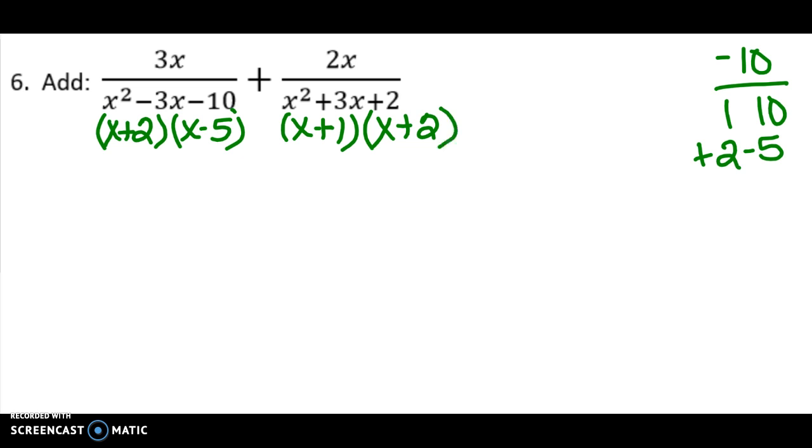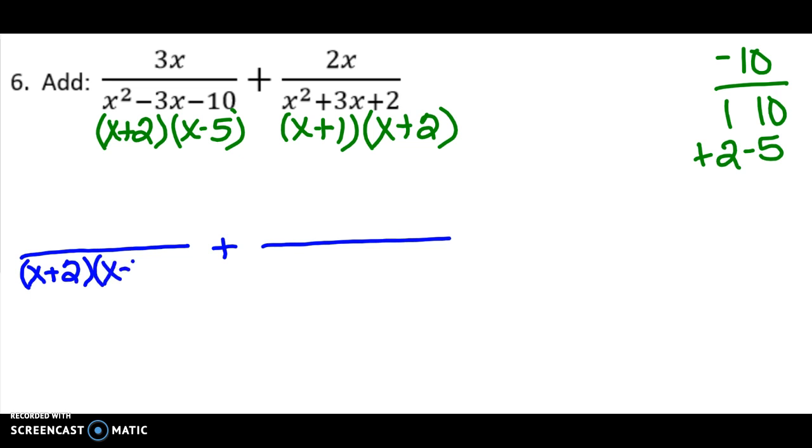All right, so now we have to gather up all of our different factors, and that becomes our common denominator. So it looks like our common denominator is going to be x plus 2. Both of them have an x plus 2, x minus 5, and then we also have an x plus 1.